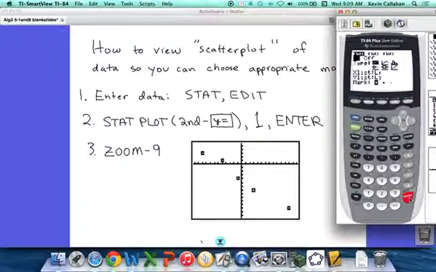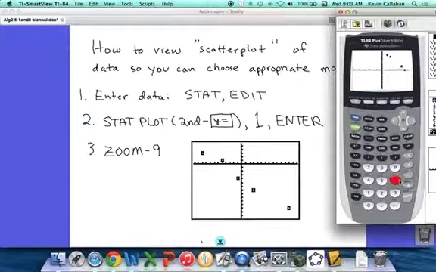And then the last step is you would like it to make the window around the points you just put in, right? If I go zoom 6 or just the normal zoom, then in this case you can see your data, but sometimes your data is nowhere near the middle of the graph.